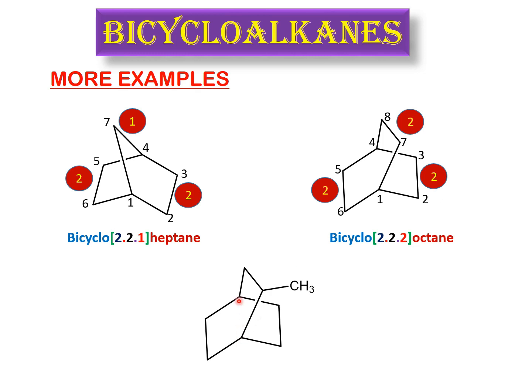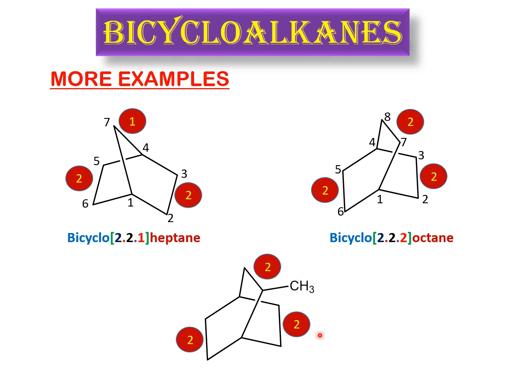So if you start from here, right, first you have to see how many carbon atoms are there on all the 3 sides. So again we have 2, 2, and 2 carbon atoms. So you can start from any of these 2 bridgehead carbons, and then you proceed in any direction because all directions have similar number of carbon atoms. So you have to see the position of the substituent now, because you have equal number of carbon atoms.